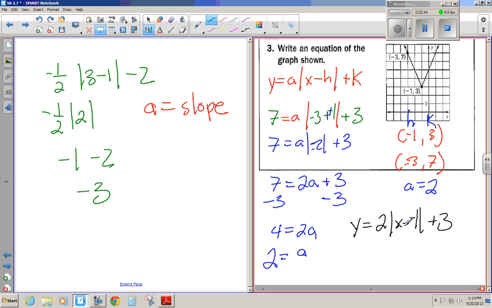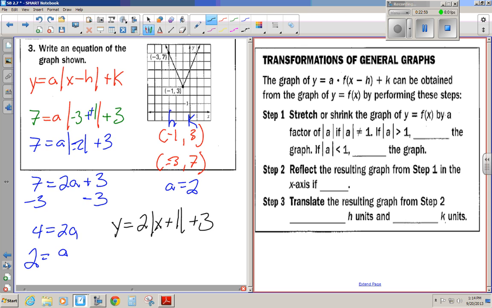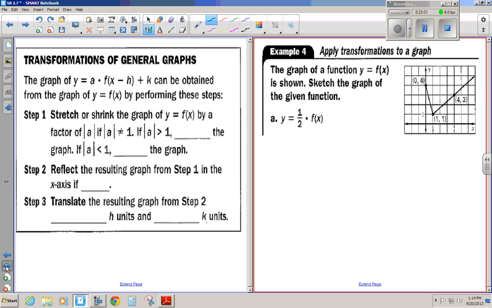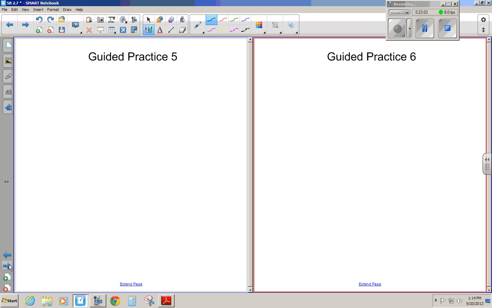So minus a minus is a plus, remember. So you might as well just get rid of those extra negatives there and just make it a positive. So your equation is 2 times the absolute value of x plus 1, plus 3. All right, so that's graphing your absolute value functions.